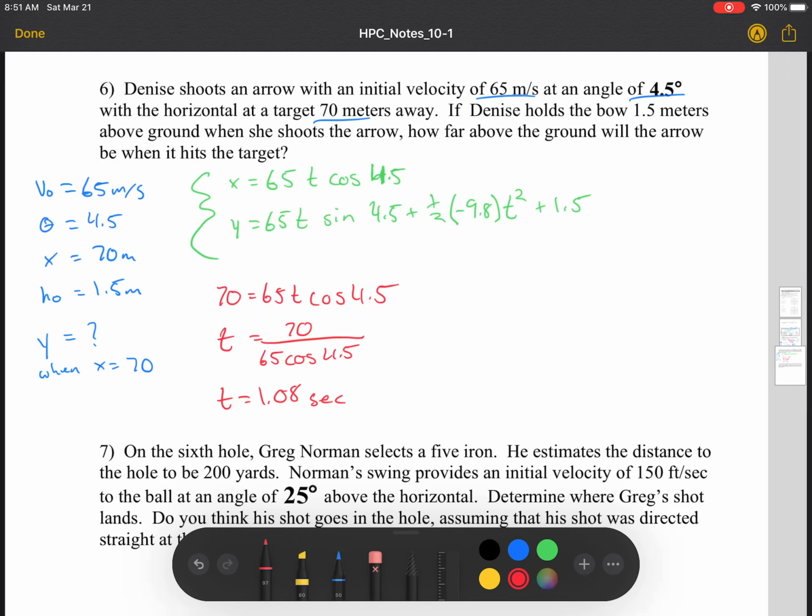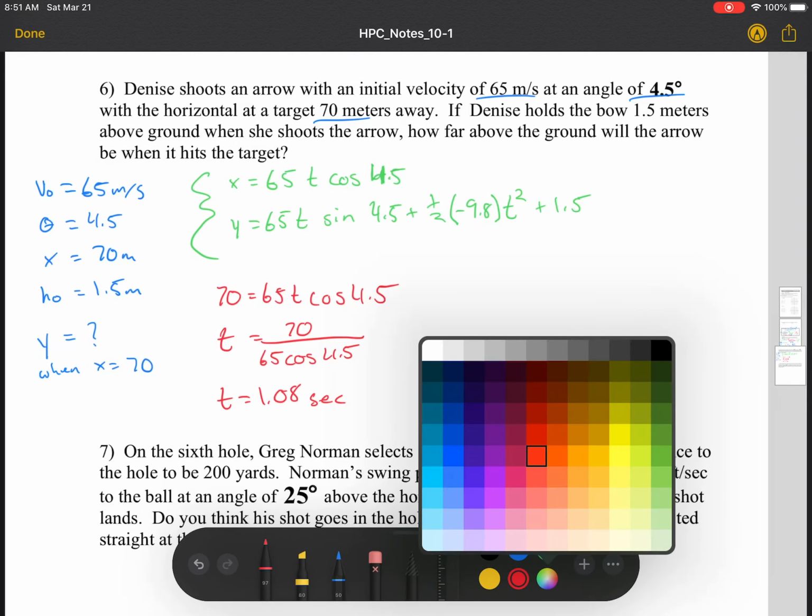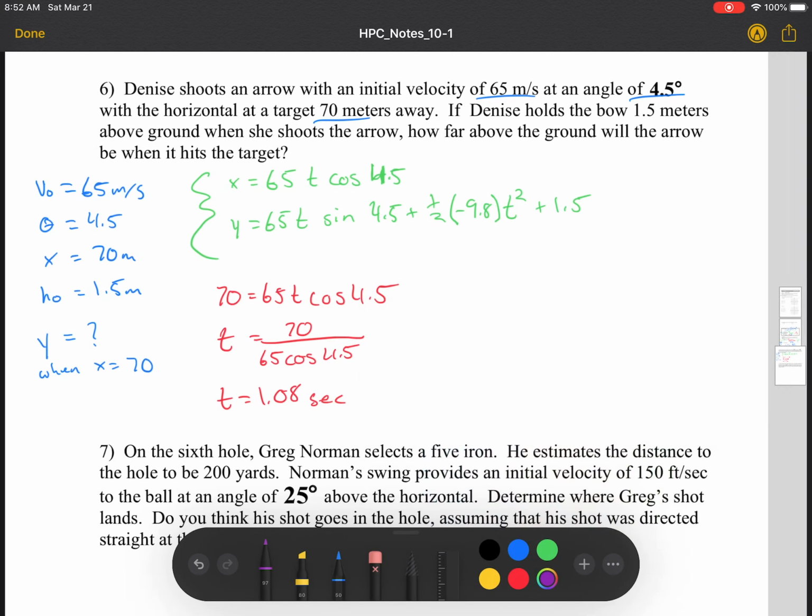Now we can take our y equation and plug in our time that happens at our distance of 70, and it should tell us the height of the arrow at that point. So we're going to take our y and start just plugging stuff in. The big thing with this stuff, guys, is organizing your data so you can just plug it all in.